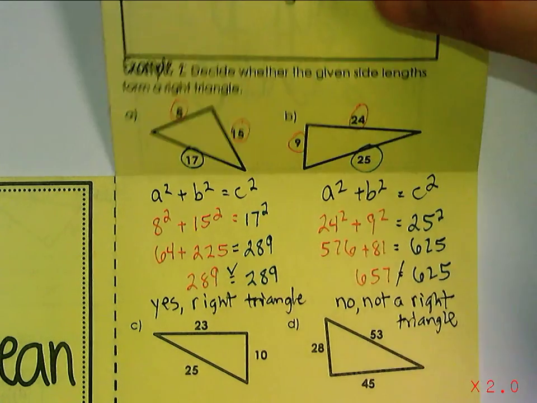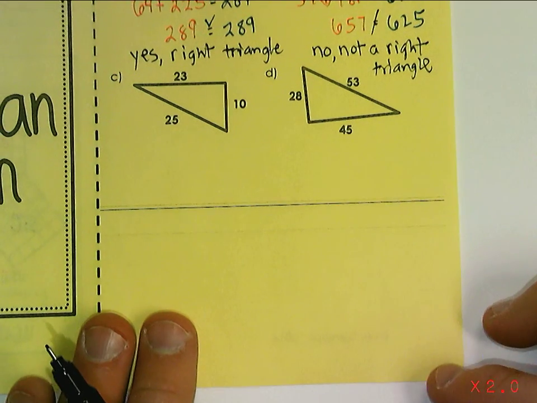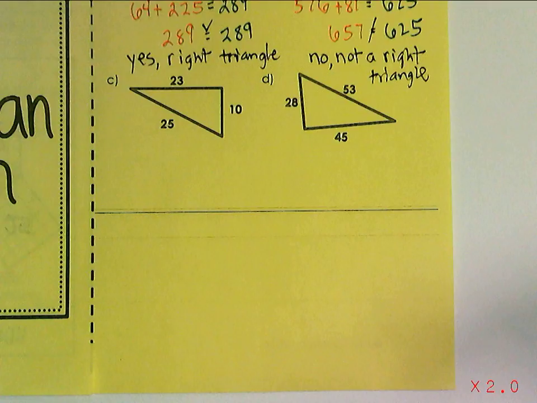What I would like you to do now is pause the video, try letters C and D, see if they are right triangles by applying the Pythagorean theorem, and then play the video again and you can see whether or not you identified them correctly.